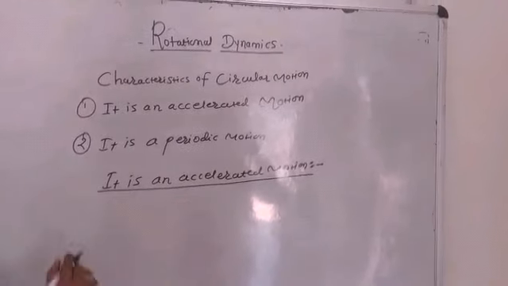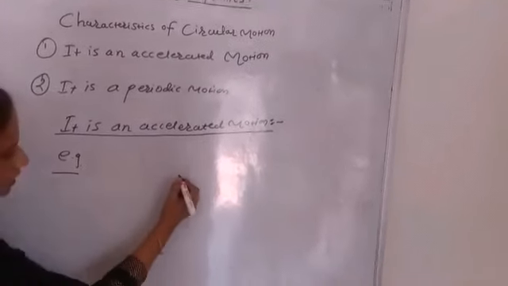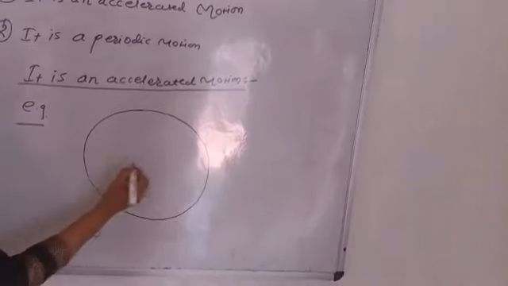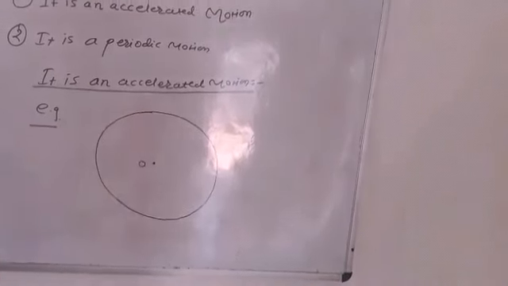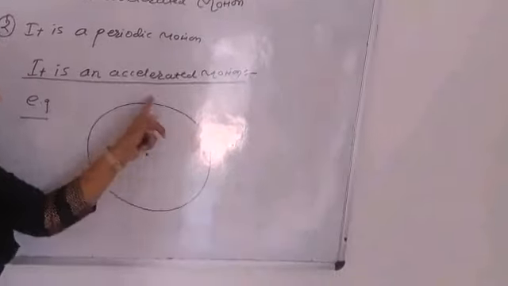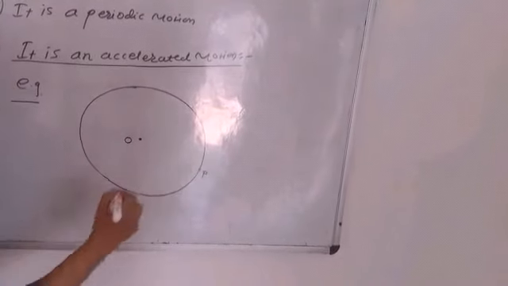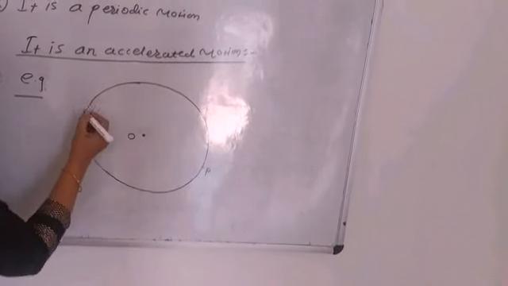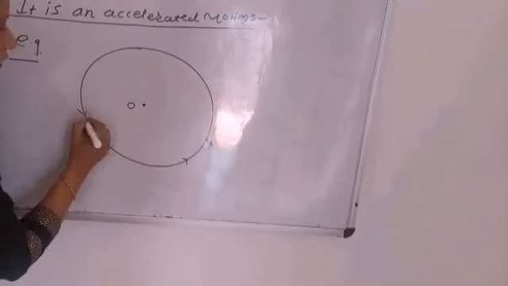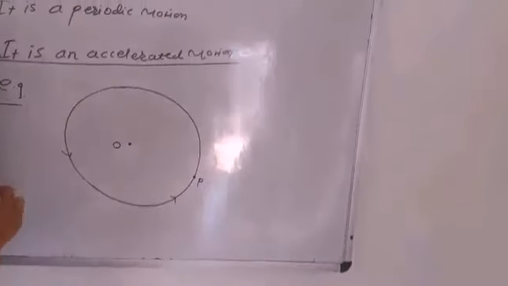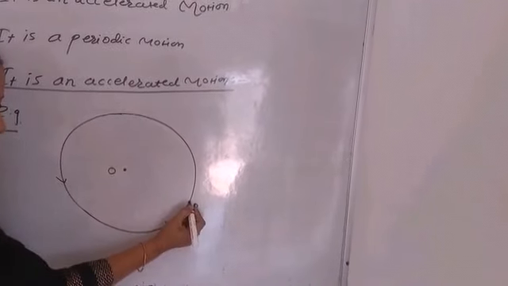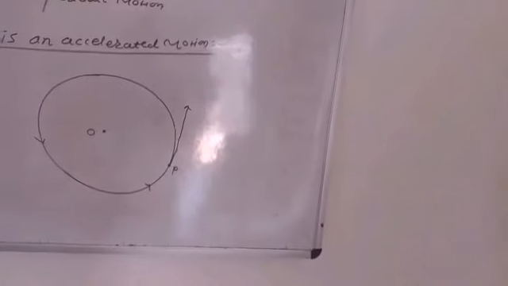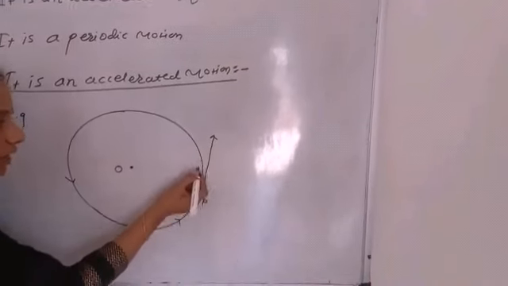Now we will see an example of this. Suppose this is a circular path. O is the center of the circle. In this circular path, P is the position of a particle. This particle P is moving along the circumference of the circle in the anti-clockwise direction. If this particle is here at position P, its direction is like that, and it is tangential to the circular path.